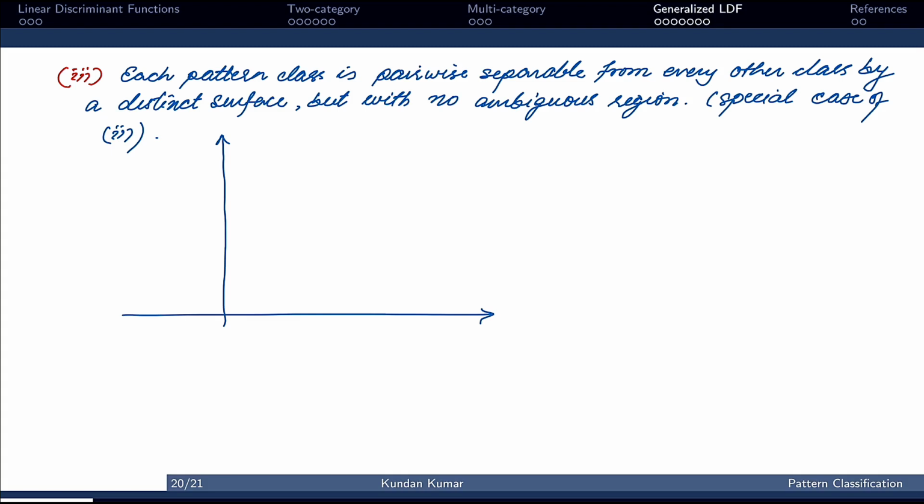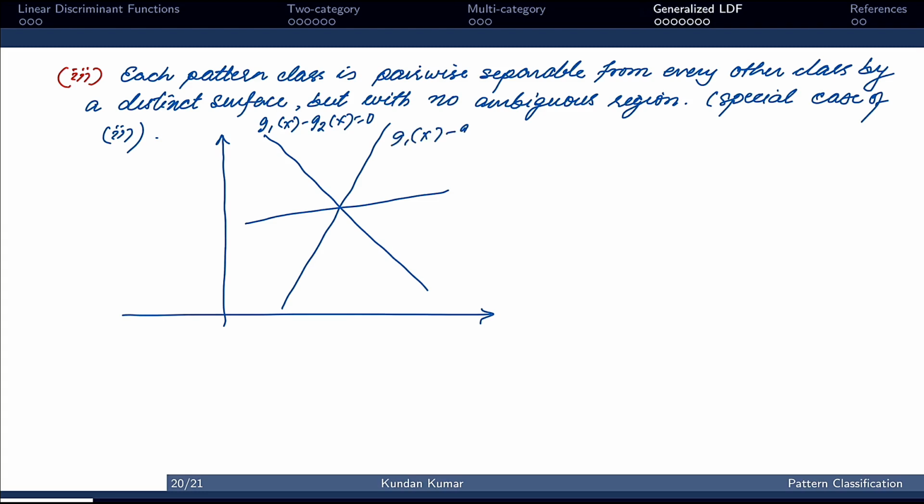So here we have three decision surfaces. This is g1(x) minus g2(x) equal to 0. This is g1(x) minus g3(x) equal to 0.